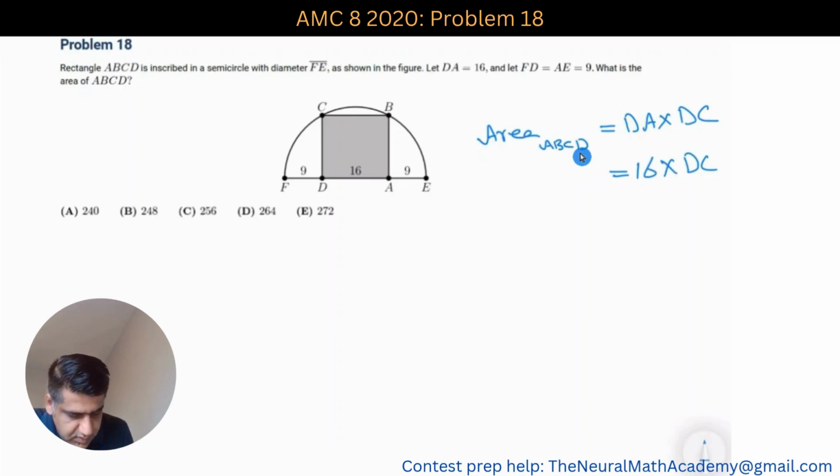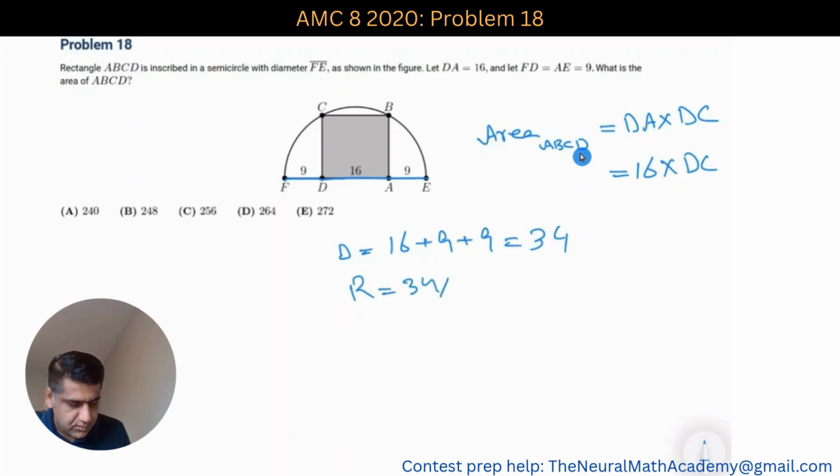If we see, we are given the total diameter of this segment, and the diameter is 16 plus 9 plus 9. That would be 25 and then 34. And if I calculate the radius, that would become 17, and that is this.